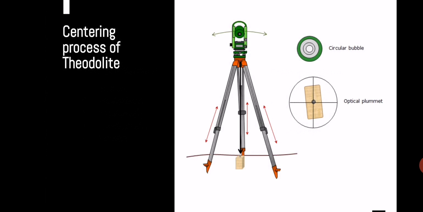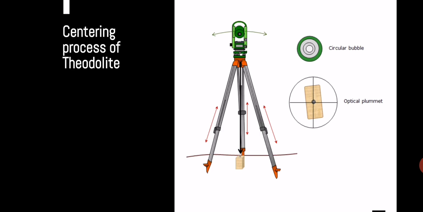So here we can see the machine is set up on the tripod and an arrow is running down from the machine just over our station mark. And just beside that we can see an image of the optical plummet, suggesting that our machine is right over the station mark.